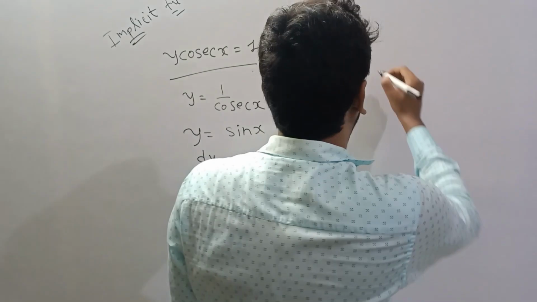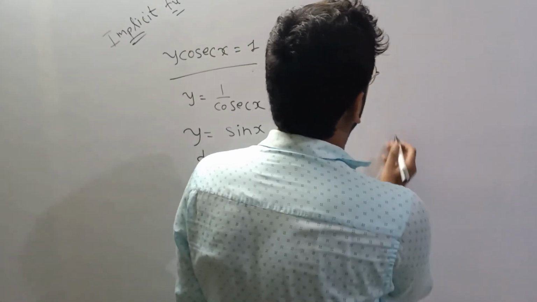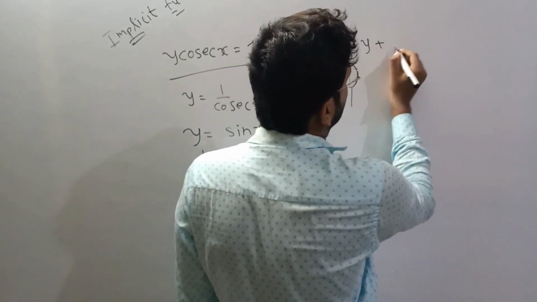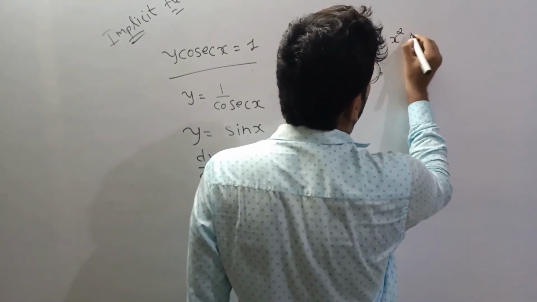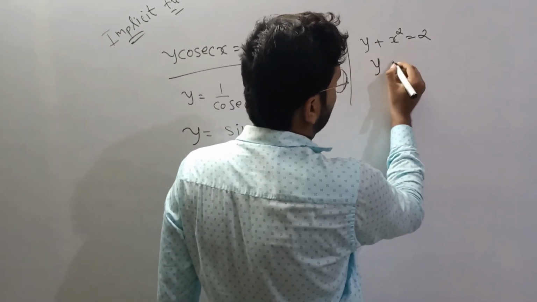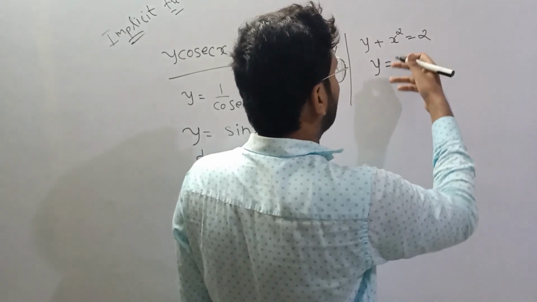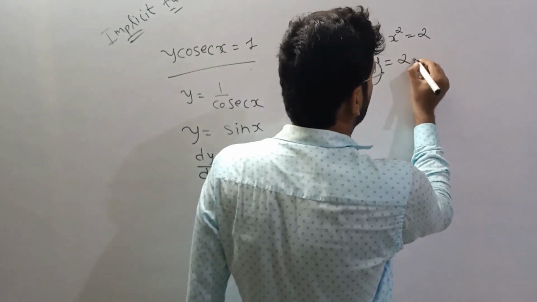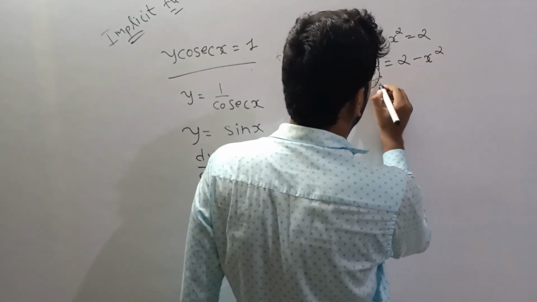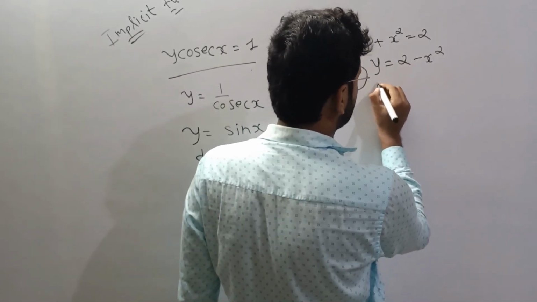Let me take another example. y plus x square is equal to 2. If we change the side of the x square, then y is equal to 2 minus x square. Here we have the function of y.